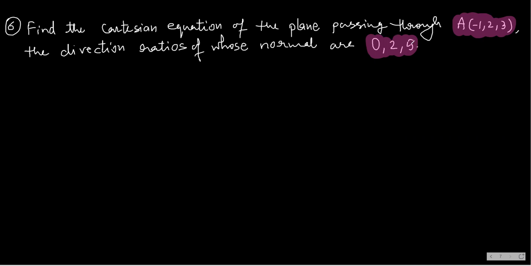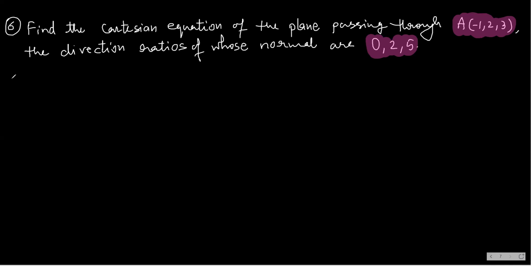They do give me the DRs of such a vector. And remember, if you have the DRs of a vector, you have that vector. So this question is very simple.